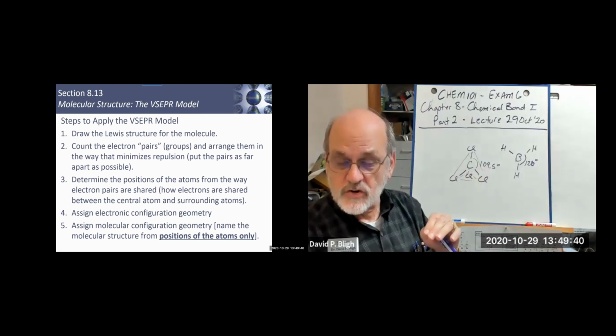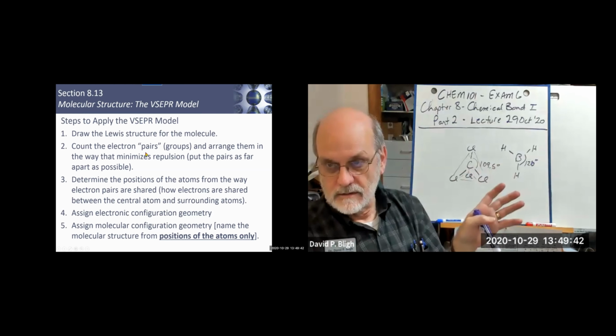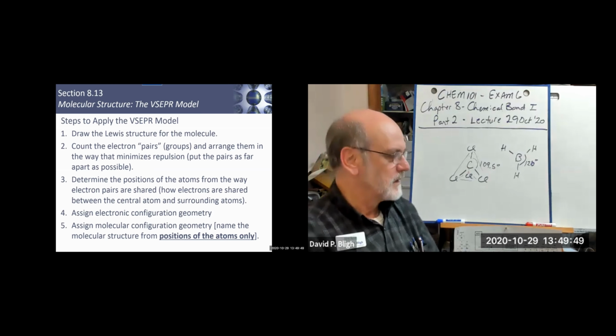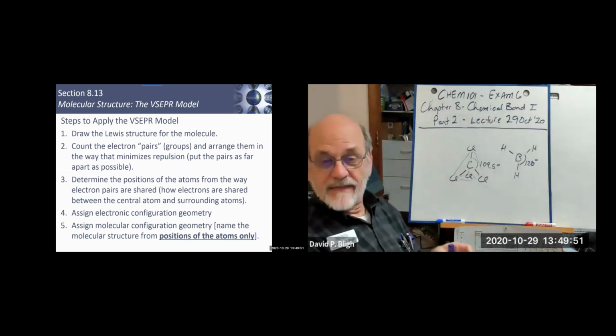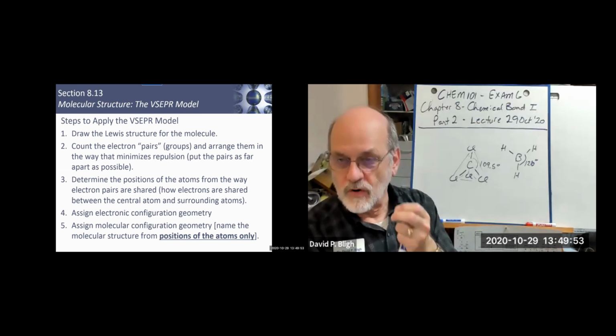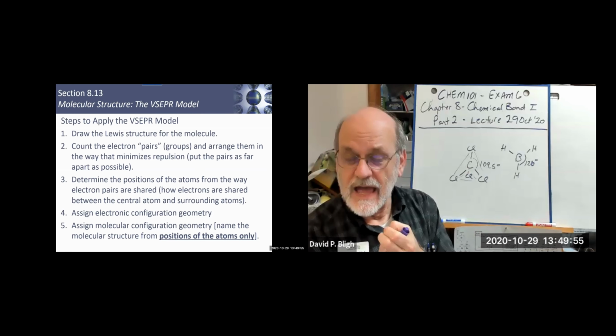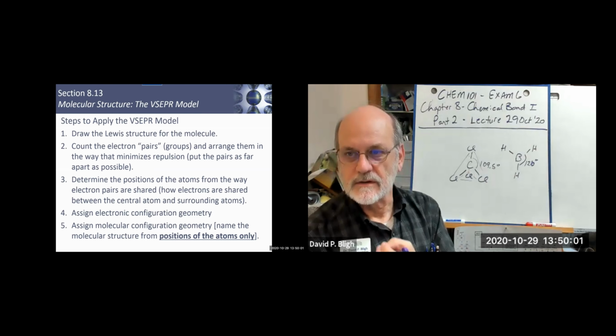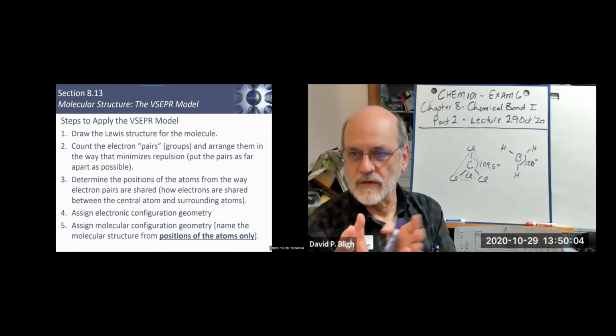So at this stage, you're counting everybody, lone pairs and bonding pairs, or bonding groups, actually. And then you take that number around the central atom and you apply it to the geometries that give you the least repulsive forces among those electrons.